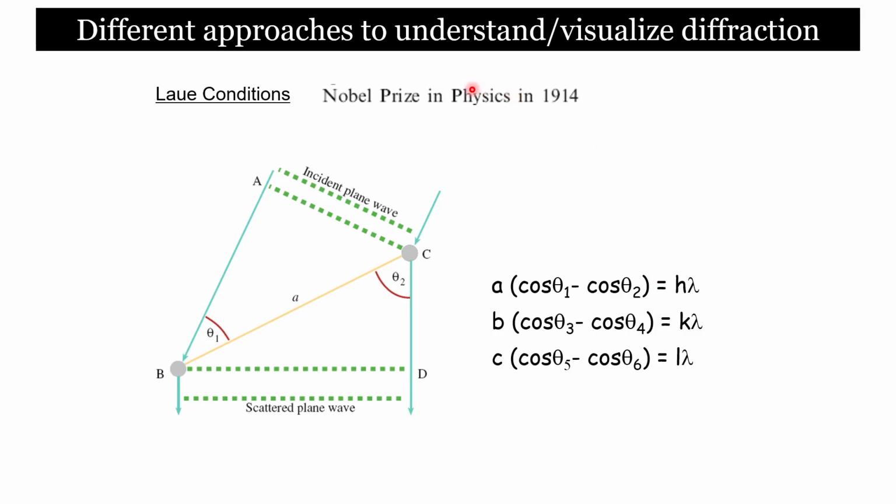Then I'll discuss diffraction. We have discussed diffraction in the previous classes most of the time. There are different approaches to understand and visualize diffraction. The first is the Laue conditions. We all know about the Bragg condition, where we say n lambda is equal to 2d sin theta, used to check whether the planes satisfy the condition for your wavelength or not.